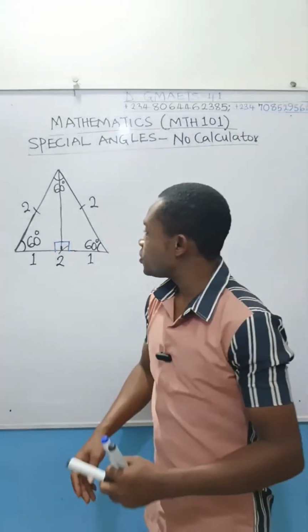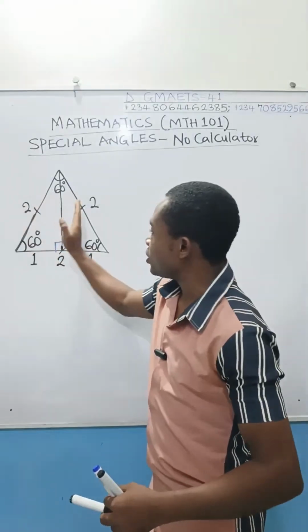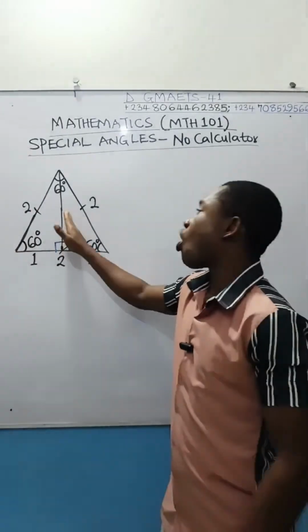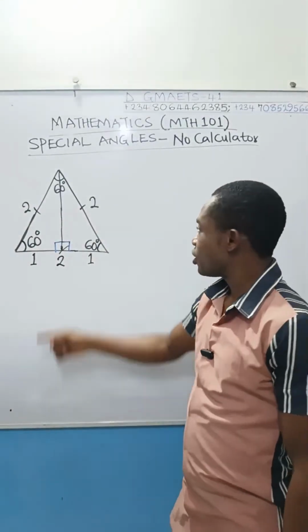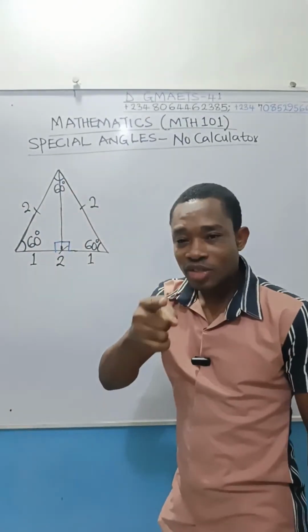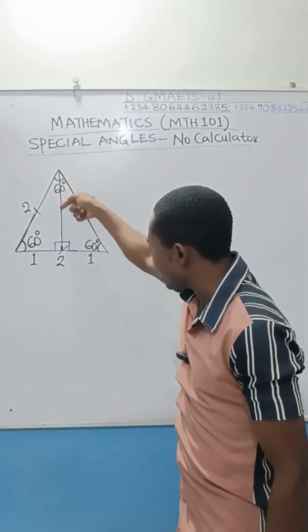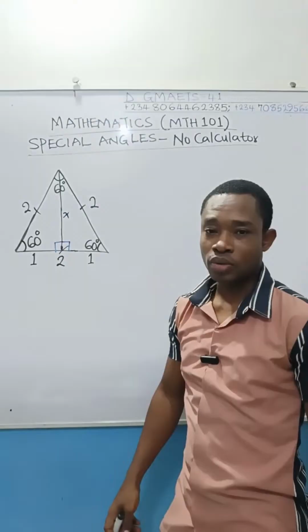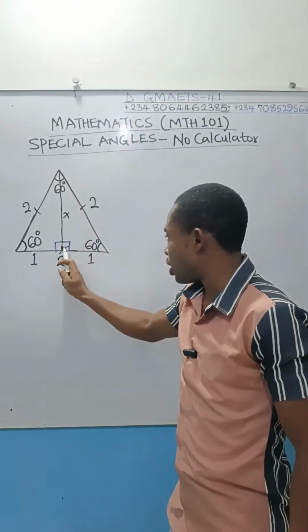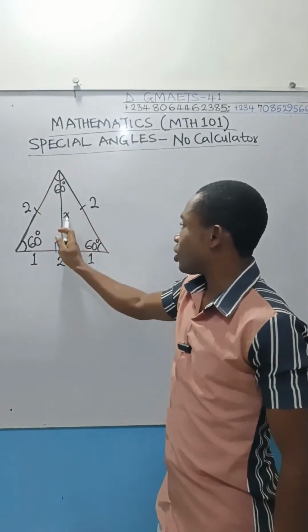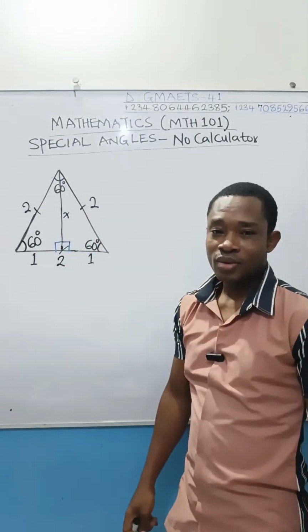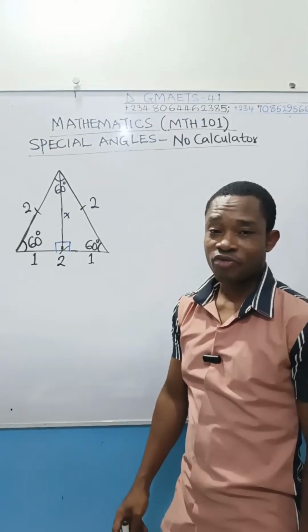Now, you observe that if you pull out any of these right angle triangles, let me assume that you are using either this one or this one, you can use Pythagoras theorem to calculate this height. Let me assume that this perpendicular height is x. We can call it opposite or adjacent if we want.